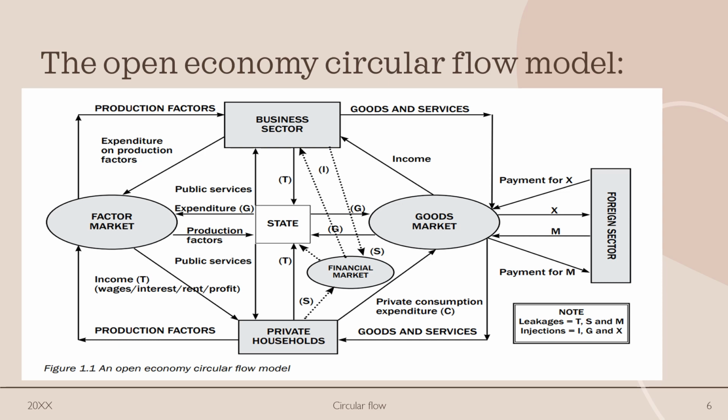Within the factor markets, you meet with the business sector, which is the second part. The first part is the households supplying their factors of production. The second part is the businesses interacting as well.